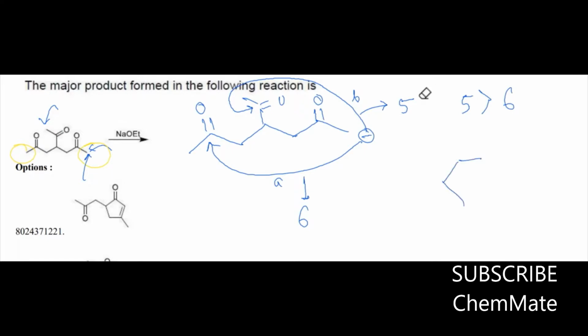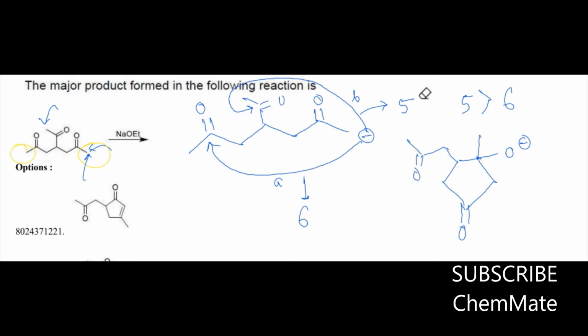So the product will be, let's say this is the keto, this carbon is attached to this carbon, so here 1 O minus, 1 CH3, and CH2COCH3 will be on this carbon.